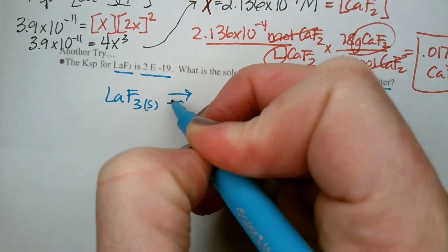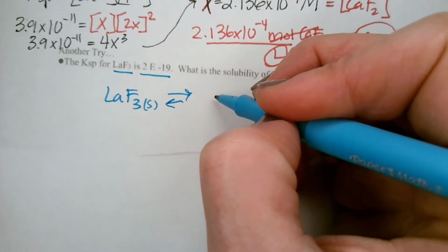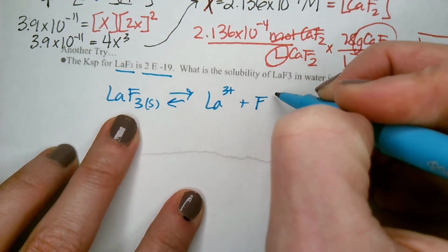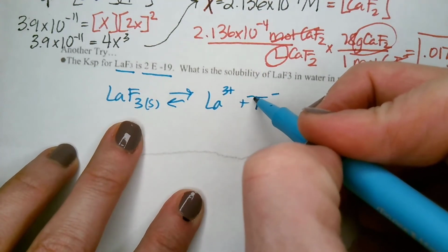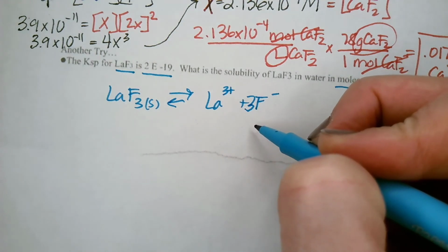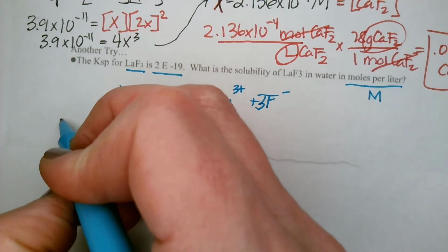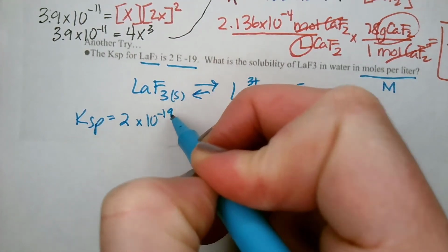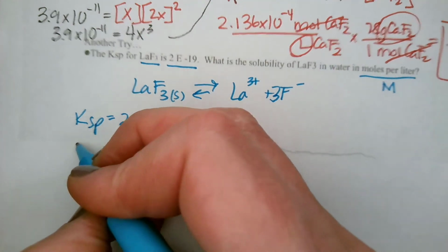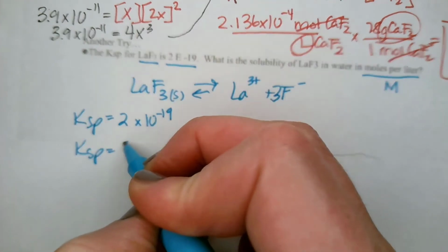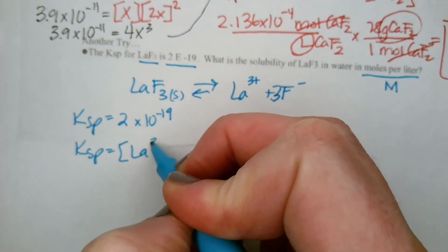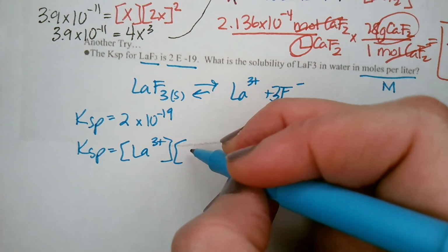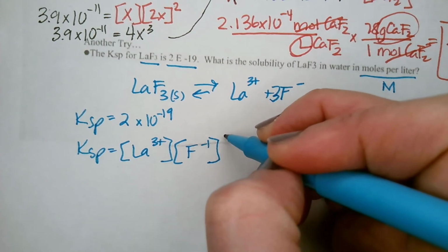is going to form an equilibrium to give us La3+ and F minus, but remember I have 3 F minuses. So we're given our Ksp, 2 times 10 to the negative 19, and our Ksp is going to be equal to the concentration of La times the concentration of F minus raised to the third power.